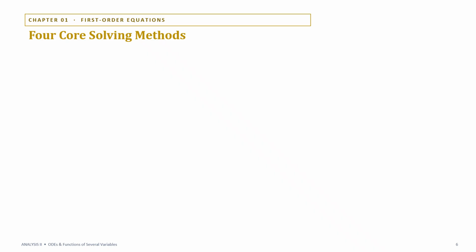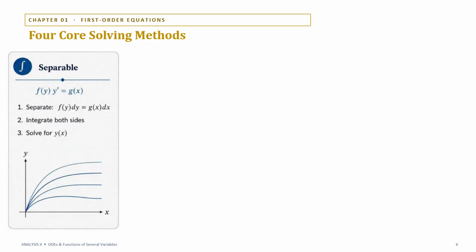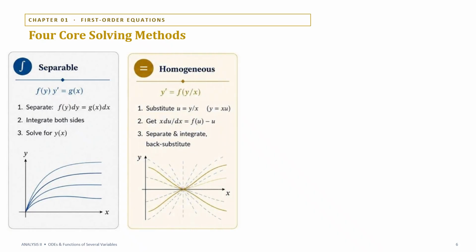Let's now look more closely at four of the most important methods for solving first-order differential equations. For separable equations, we separate the variables so that each side contains one variable and then integrate both sides. For homogeneous equations, we introduce the substitution u equal y over x, which transforms the equation into a simpler form that can be solved by separation of variables.